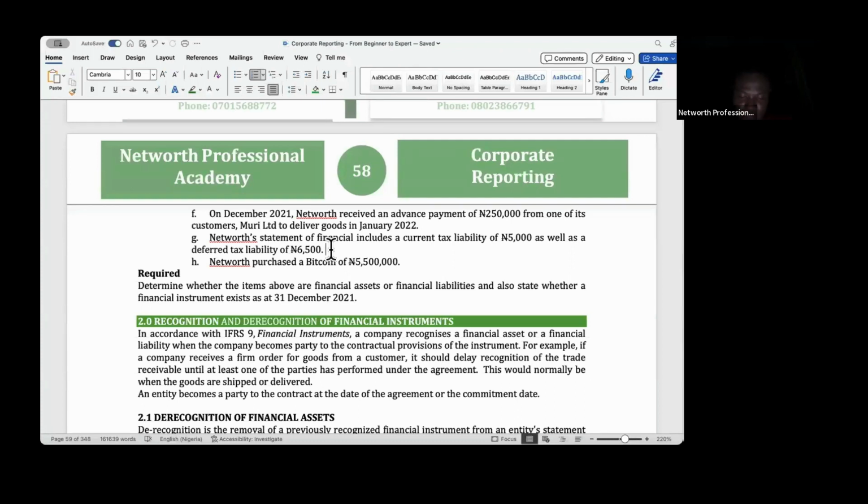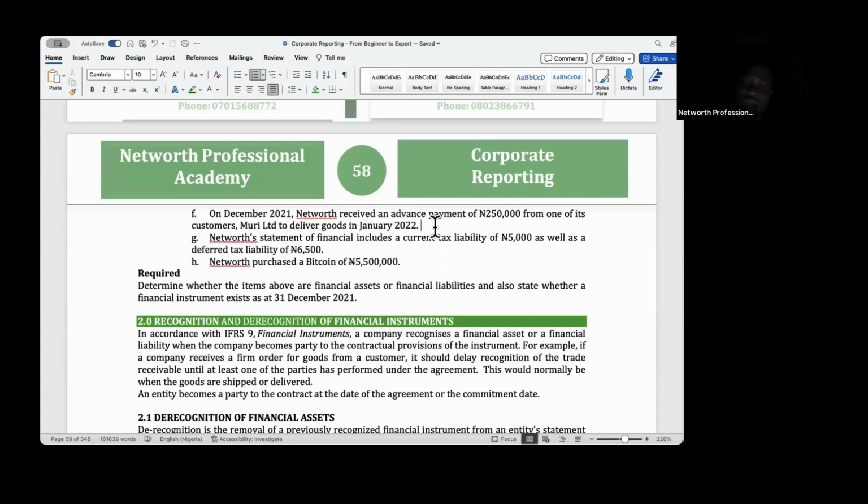Okay, let me go over it again. So, like I mentioned earlier, net worth received an advance payment of 250,000 from one of its customers to deliver goods, right? So I've mentioned before that when you collect money to deliver goods, meaning that you have not delivered, you cannot put that money in your books as revenue. We put it as a liability. And the key point here is, can this liability be a financial liability?